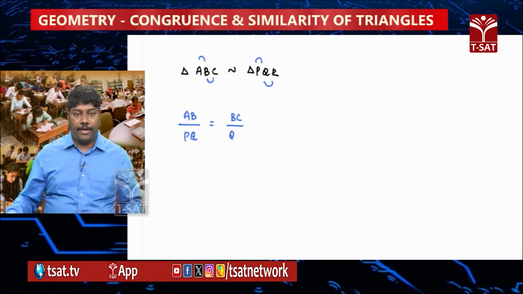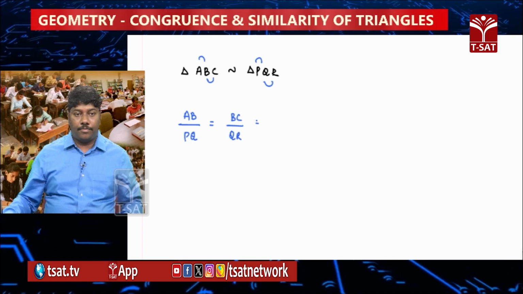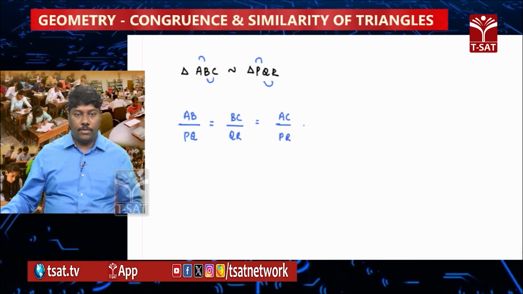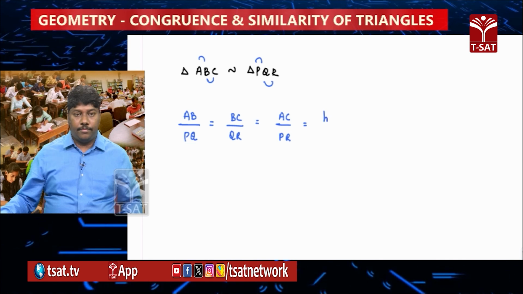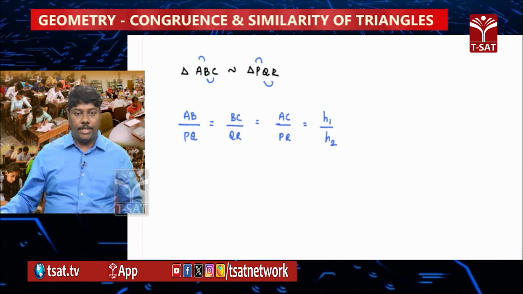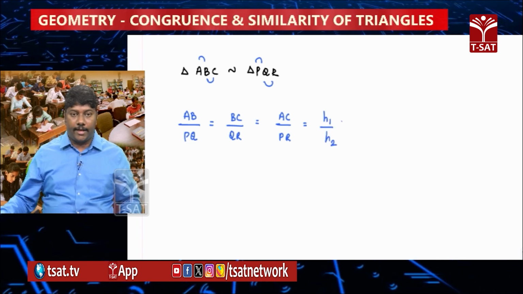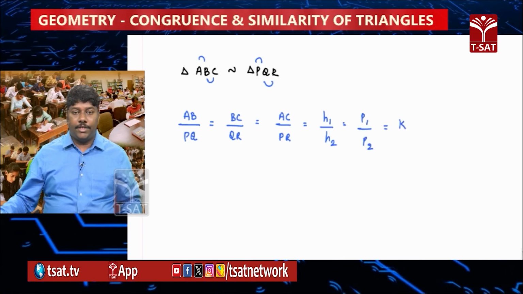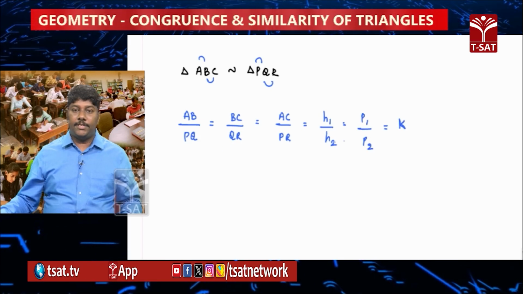Corresponding sides only you should take. AC by PR, which is equal to their heights, H1 of the first triangle, H2 of the second triangle. Their perimeters should also be in the same ratio. All these ratios are equal to K, which means they are the same.